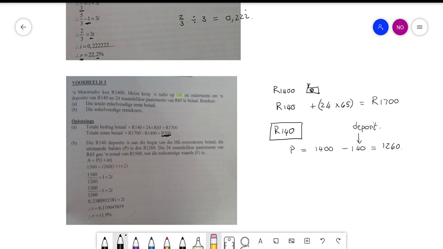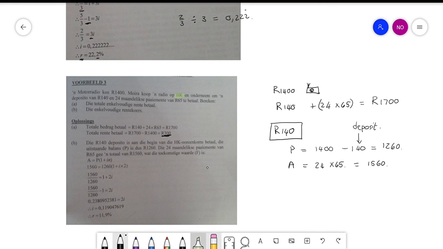Okay, dan om ons A-waarde te kry, sê hulle the total amount that she paid over the period that she bought it on hire purchase was the 24 times 65. So weer eens neem jy glad nie die R140 in ag nie. En dit gee vir jou 1560.